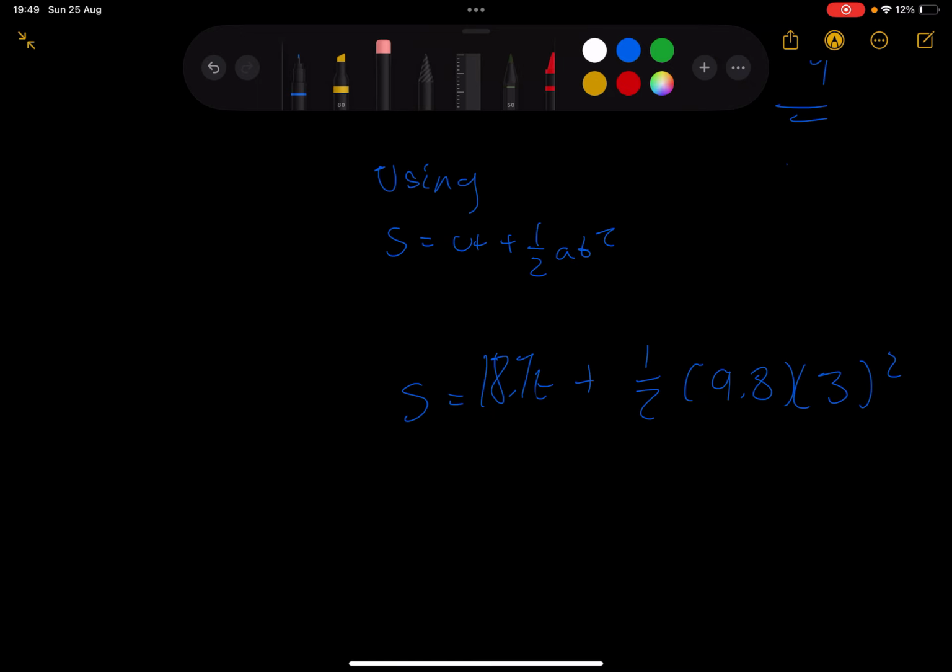And in finding the value, we need to put in 3 because we got the value for the time.